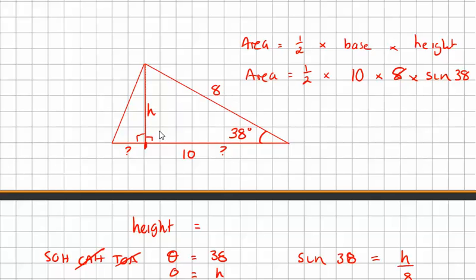So, for instance, I've got the base, which is 10. I've got the angle 38, and I've got the 8. Now, let's think. If I knew this side and not the 8, would it have worked in this way? Would I have come across any kind of problem?